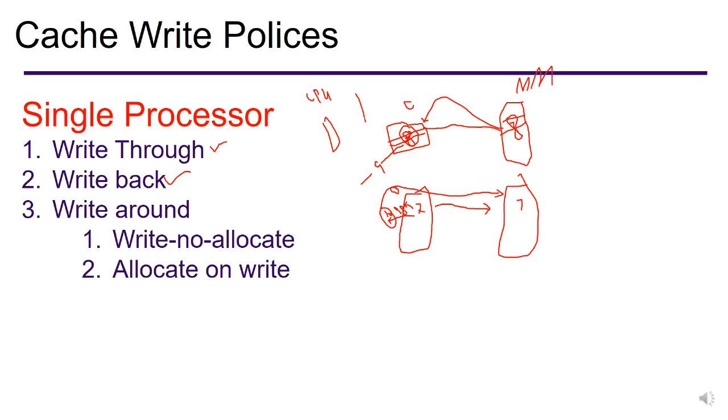So the advantage is that it controls the traffic problem, but the disadvantage is that during execution, the values between the main memory and the cache are inconsistent. For example, here the value is 8, here it is 7; here it is 9, here it is 7; here it is 10, and here it is 7. So this is the write back policy.